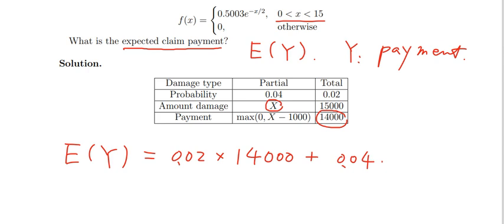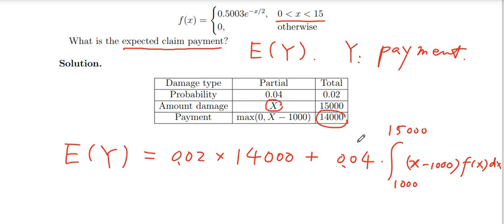So we need to check the payment x minus 1,000 and multiply by the density function f(x) dx, right? And here x is at least 1,000, from 1,000 to 15,000.